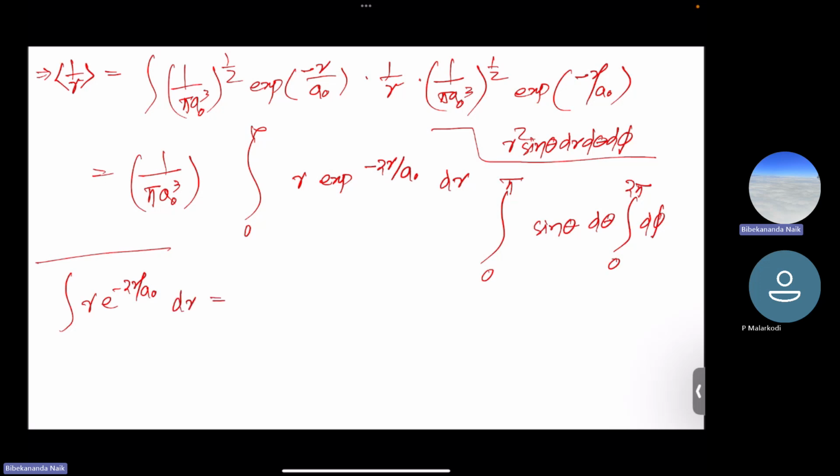So we will take the rule of integration by parts.